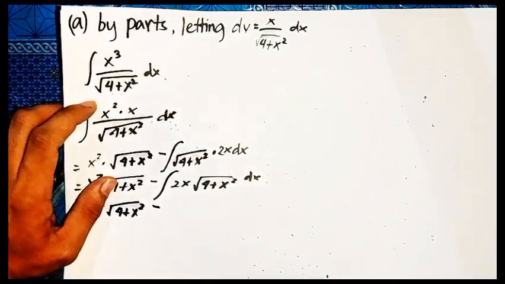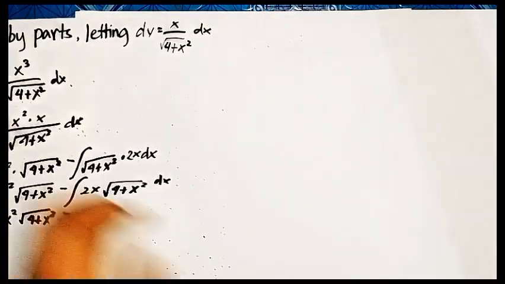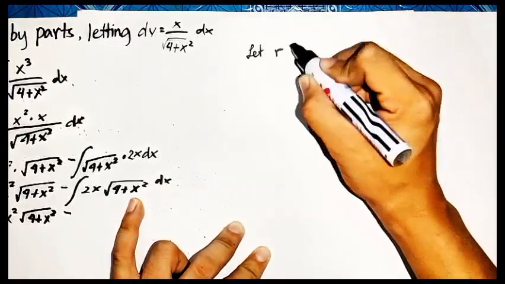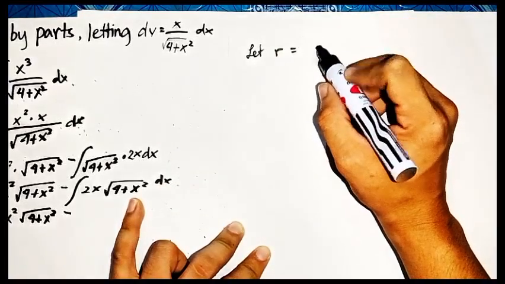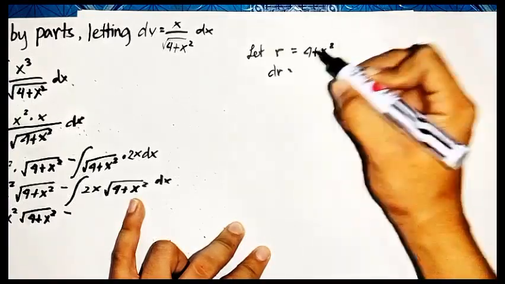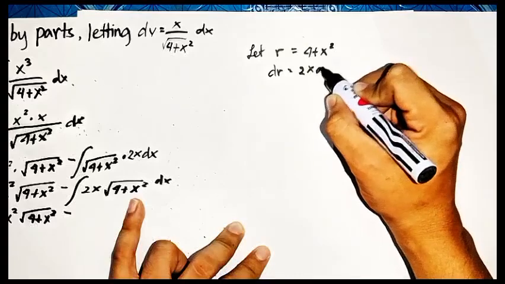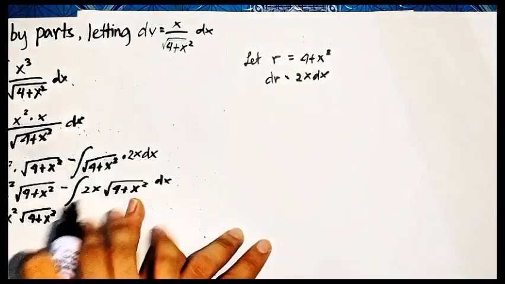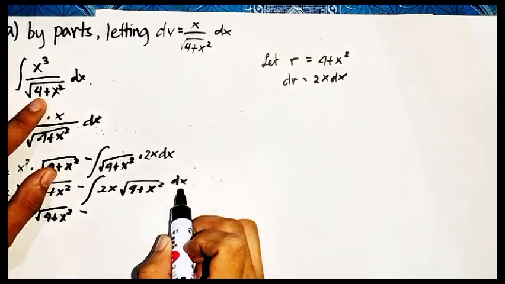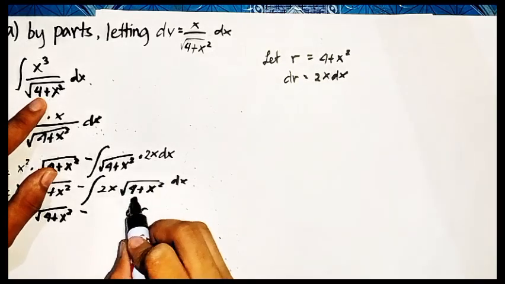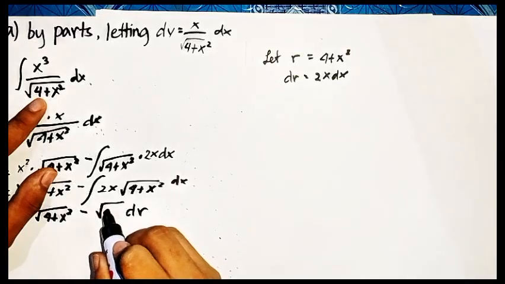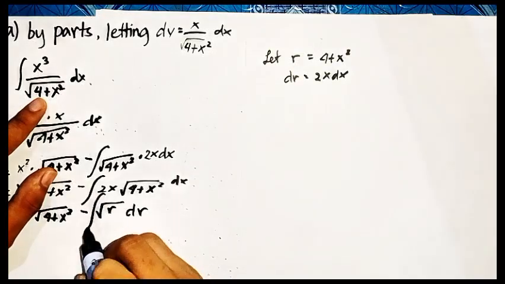So we're going to let another variable, let's say r, be equal to 4 plus x squared, and our dr is equal to 2x dx. Now let's substitute. Since we have 2x dx, this is our dr, right? And our square root of 4 plus x squared is the square root of r. Don't forget the integral sign.